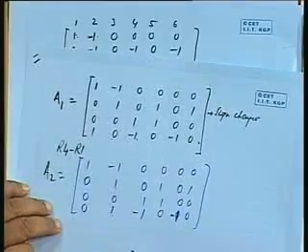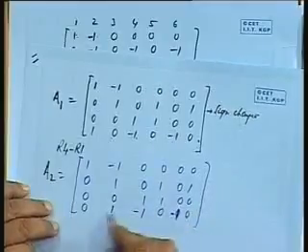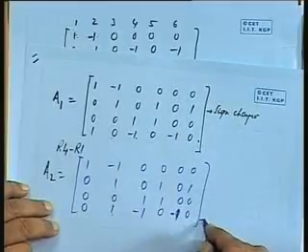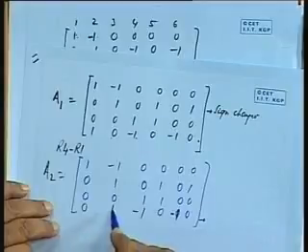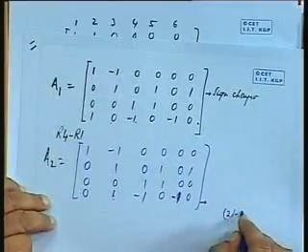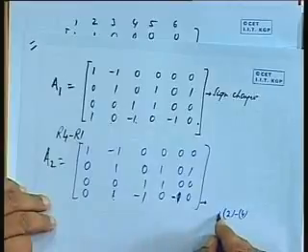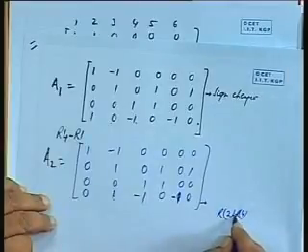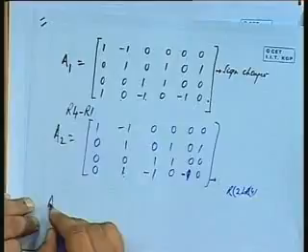And then what do you do? This is having 1 here. So if I subtract this from this, row 2 minus row 4, what do you get?